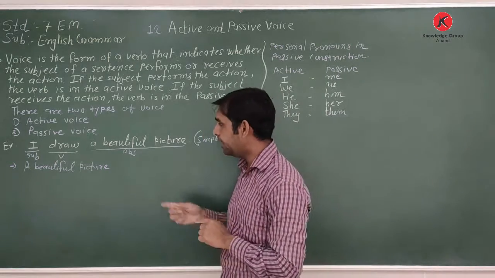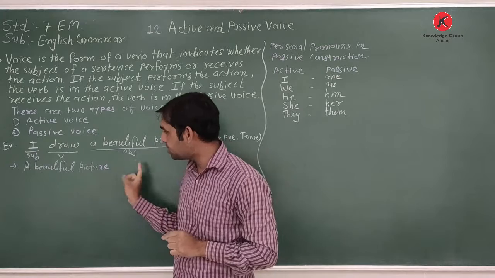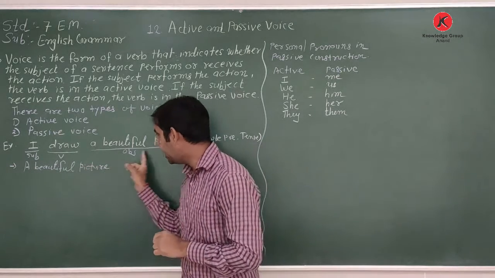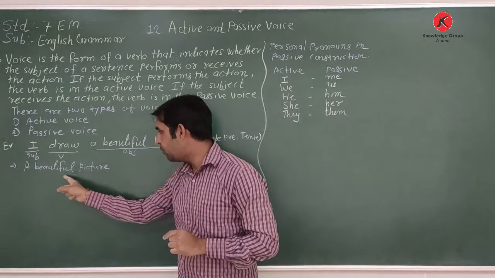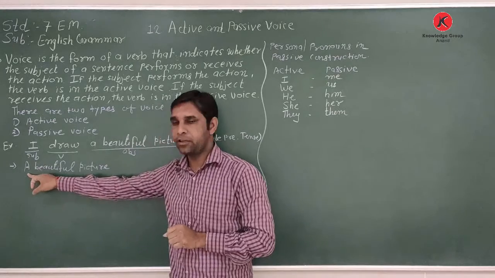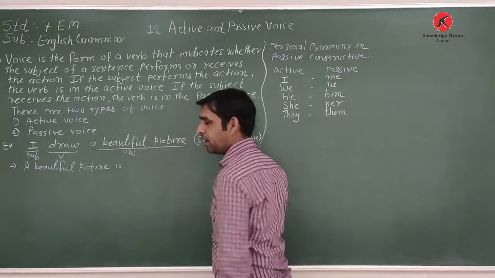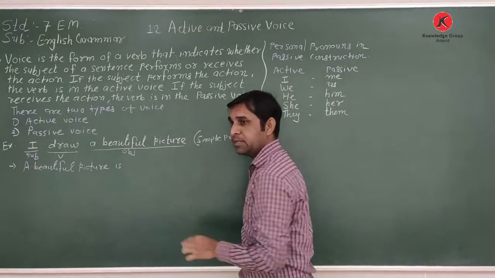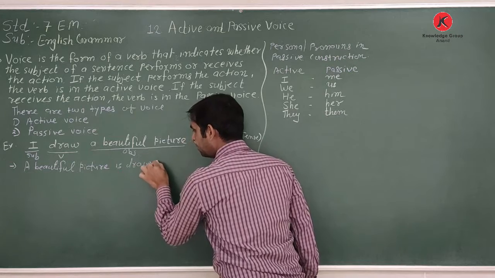One more thing is needed when we change a simple present tense sentence into passive: we first write the to be form according to the object. Here the object is singular, a beautiful picture, only one picture, and the article A is used. So we write the singular to be form: a beautiful picture is. Then we write the past participle of the verb draw, which changes into drawn.